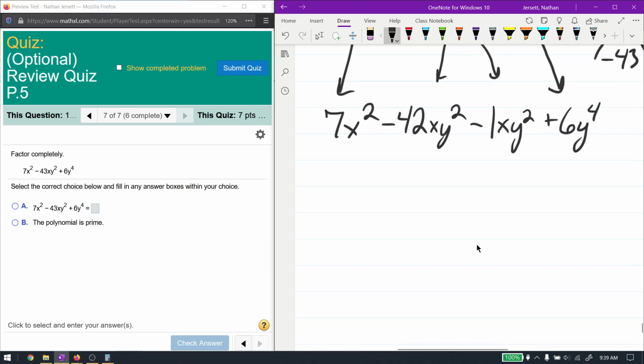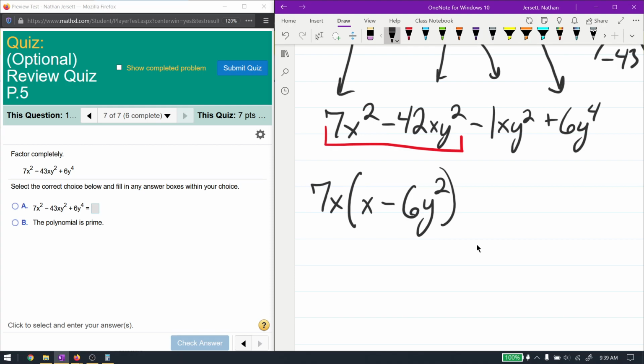And now I can factor by grouping. That's the last step to the AC method, is factor by grouping. Out of the first two terms, I can take out a 7 and an x. So 7x. That leaves us with x minus 6y squared. I think that's correct.